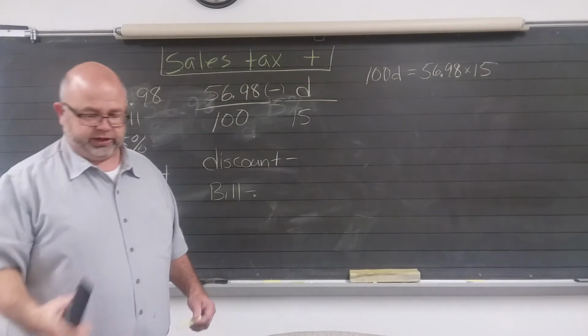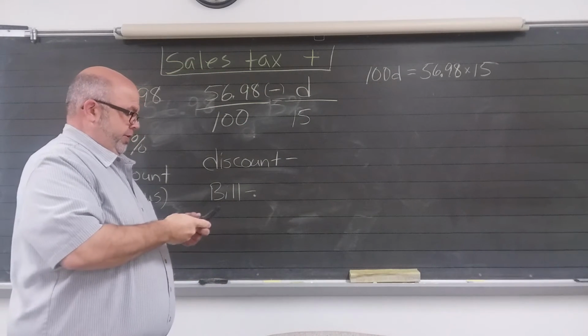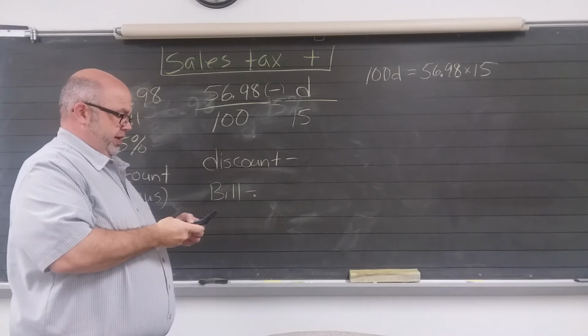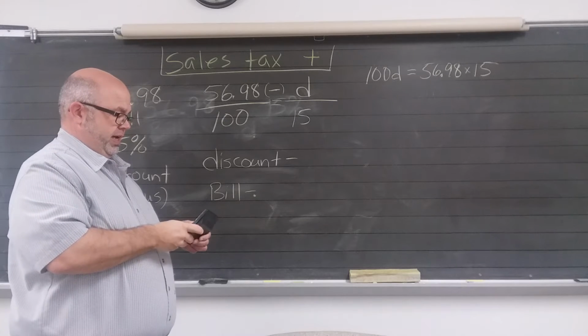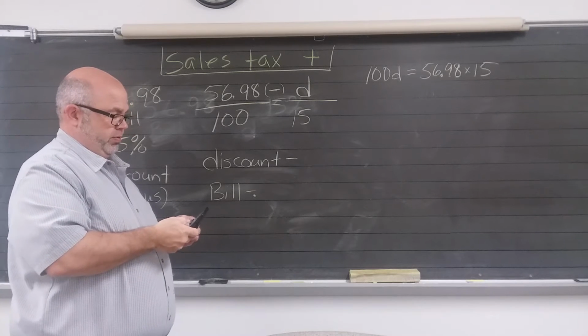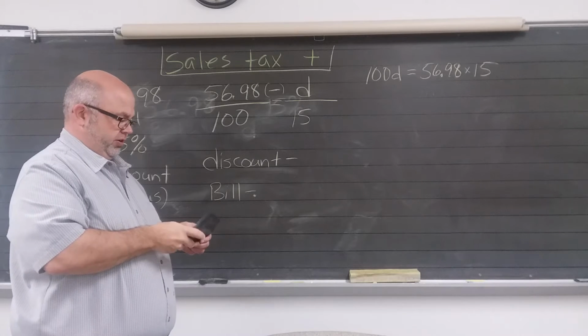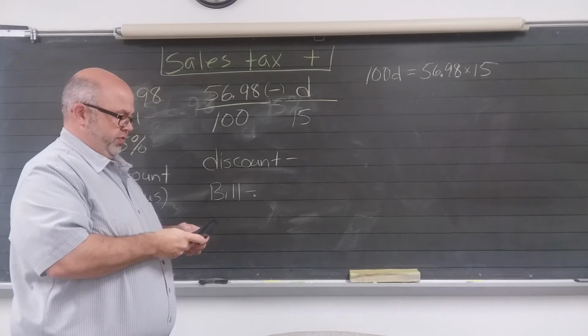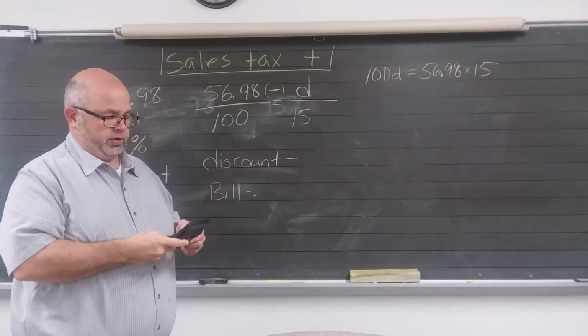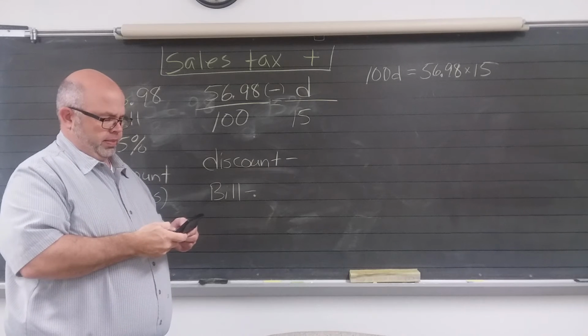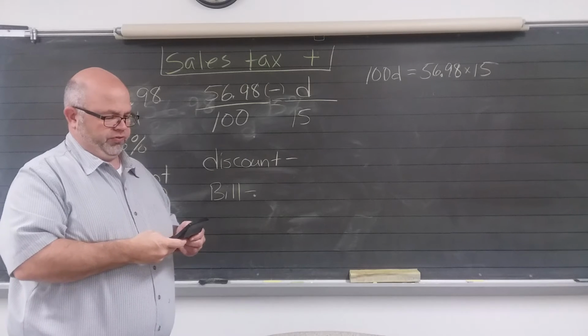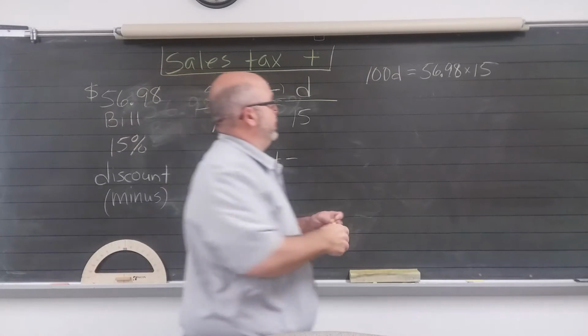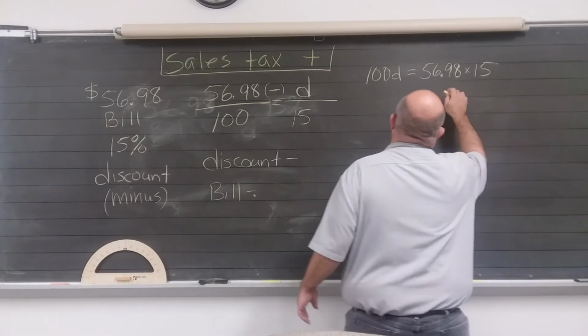I'm just going to do it on a calculator, forgive me. 56.98, whoops, got the decimal, 56.98 times 15 equals 854.7.